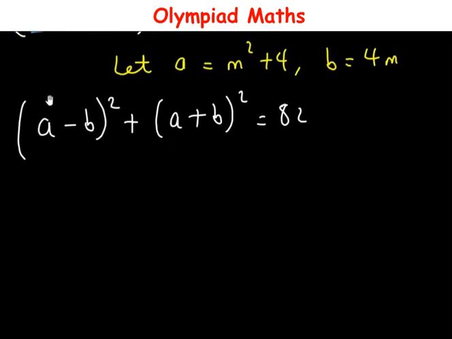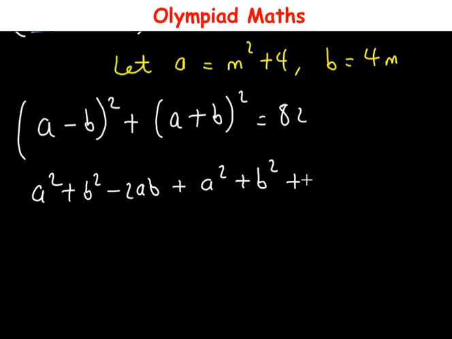So with this, the next thing we're going to do is to expand this. (a minus b) all squared is simply a squared plus b squared minus 2ab, plus (a plus b) squared is simply a squared plus b squared plus 2ab. So this is equal to 82.